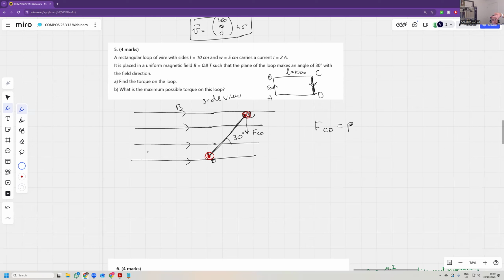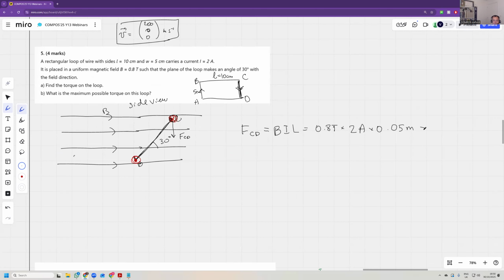And FCD is equal to BIL, which is equal to 0.8 Tesla times current, which is 2 amps, multiplied by the length, which is 0.05 meters.